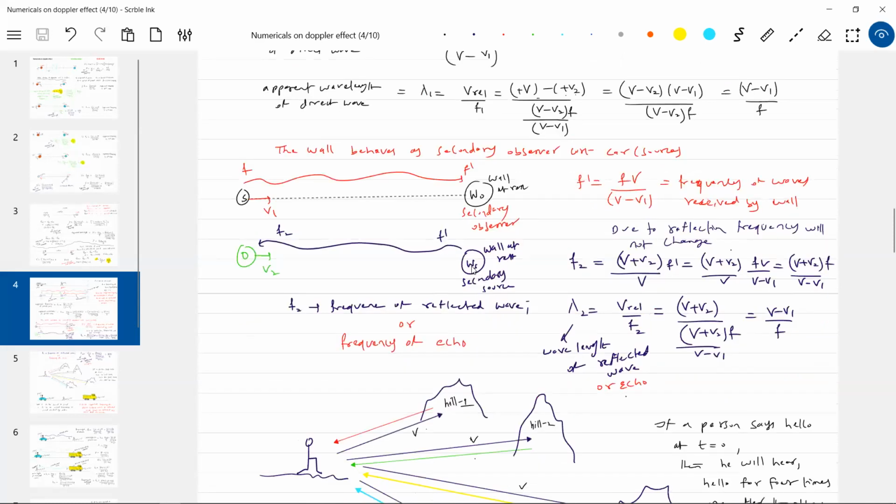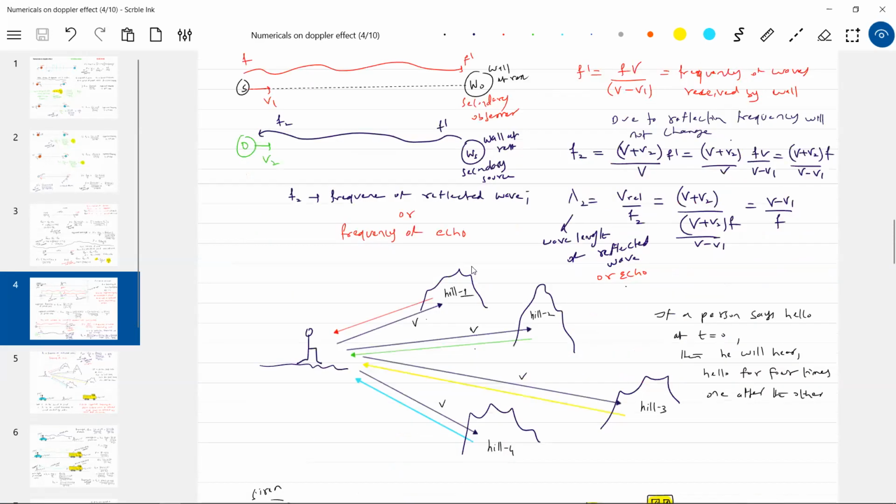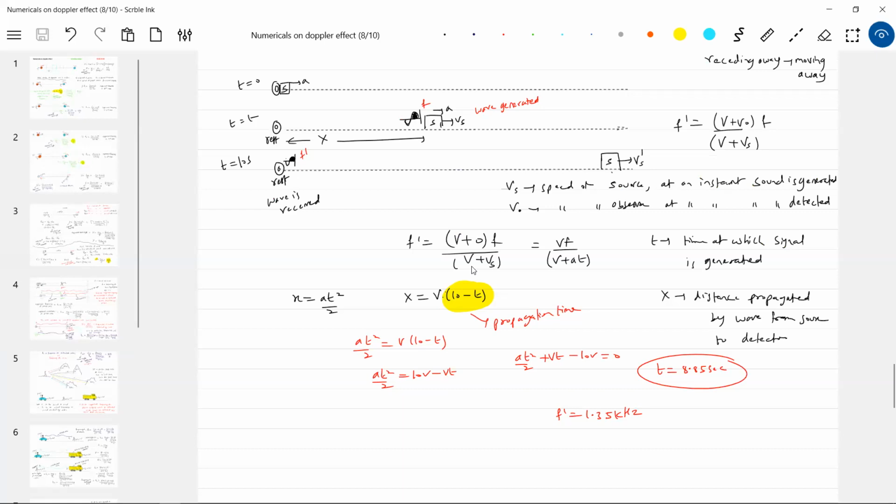Like acceleration, we'll go for mixed concepts: Doppler effect with rolling motion, Doppler effect with friction, Doppler effect and projectile motion, Doppler effect and collisions, conservation of linear momentum with a different concept of how the Doppler effect can be taken into the picture. Doppler effect and SHM. Anywhere I can bring it, because the moment a particle moves, there I can call it a source.